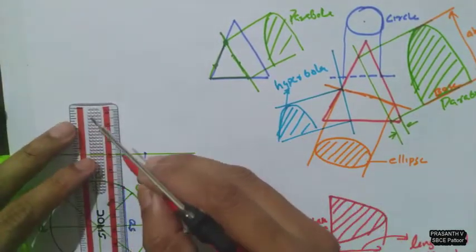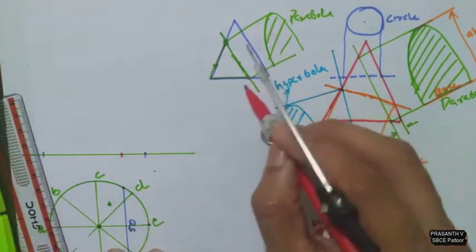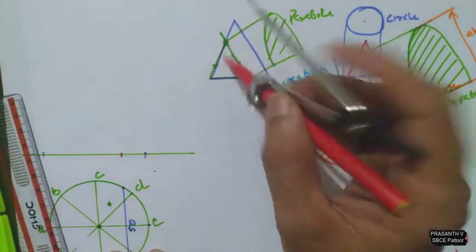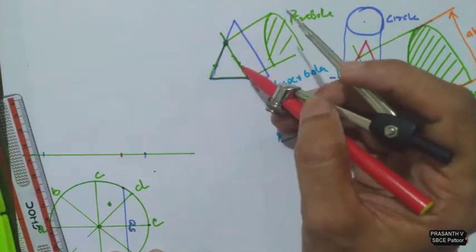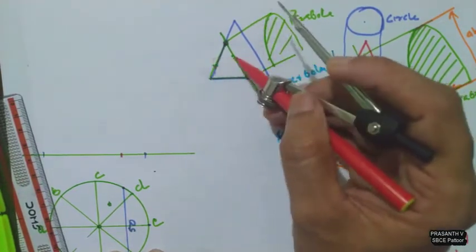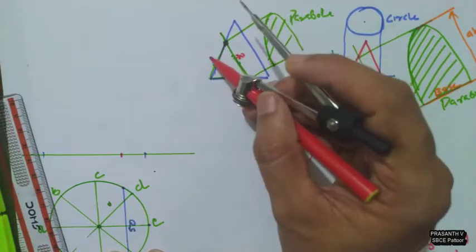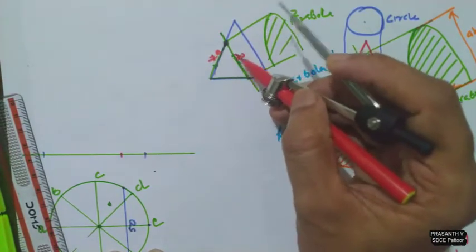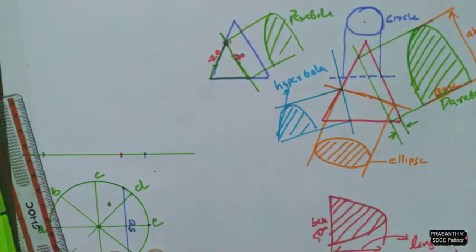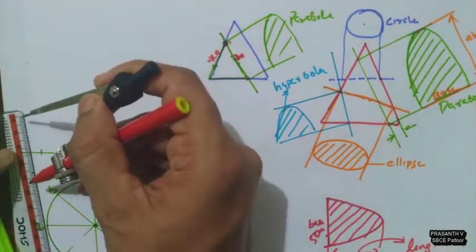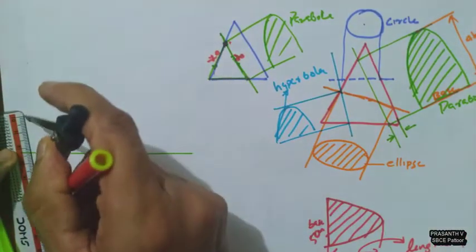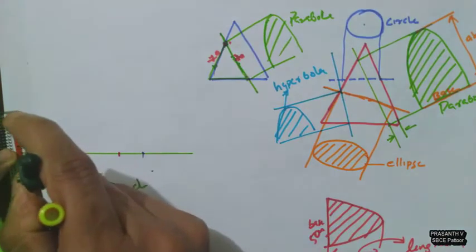I will get a point here. So this is the length of the section plane, and this portion will be an isosceles triangle. On both sides the length will be same. If this is 70, here this will also be 70. So the length of the section plane is given as 70 mm, which is the height of the parabola. So take 70 mm in compass.